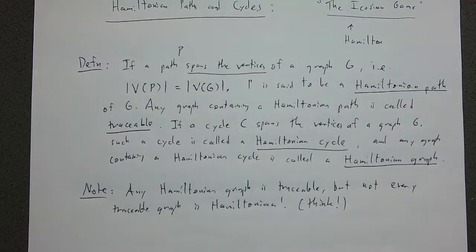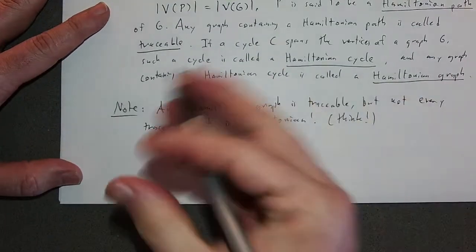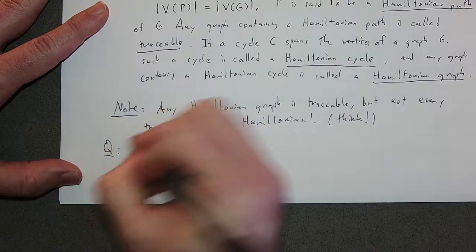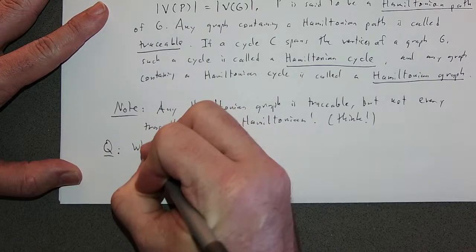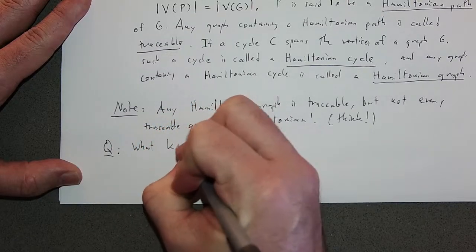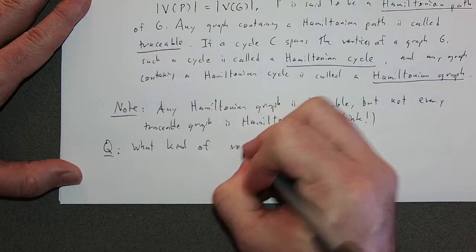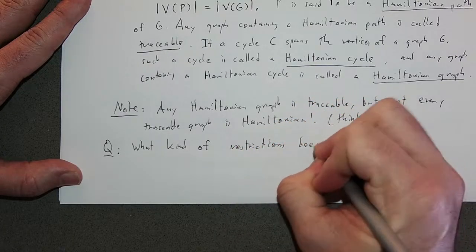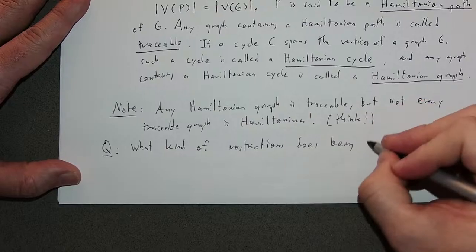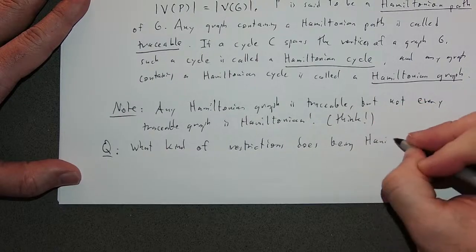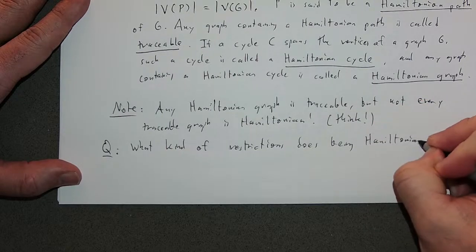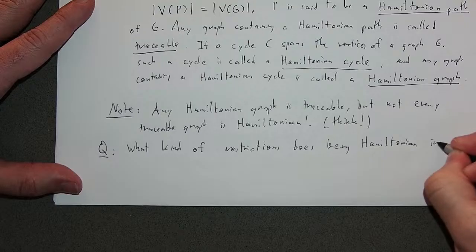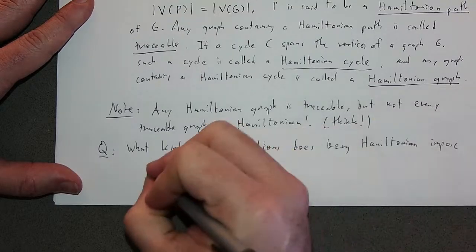So that's one thing right out of the gate. It is natural to ask the following question: what kind of restrictions does being Hamiltonian impose on a graph?